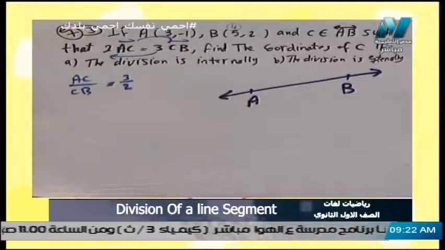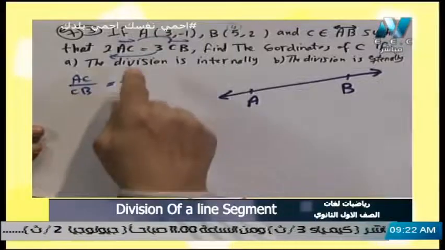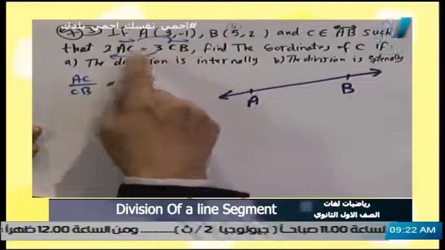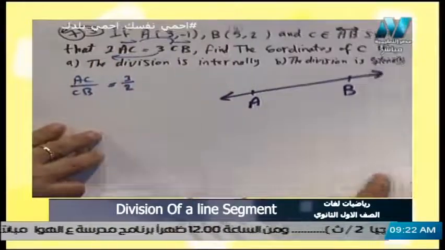Okay, why do we do this? Why do we say that AC over CB equals 3 over 2? I'll explain it to you.